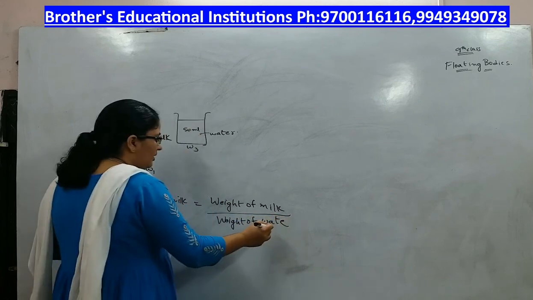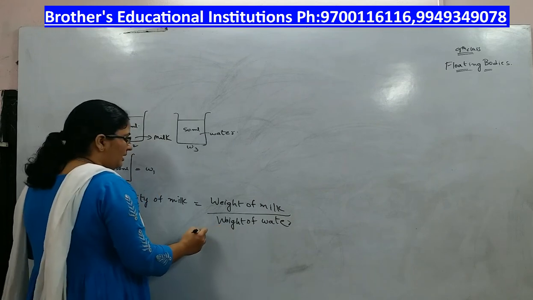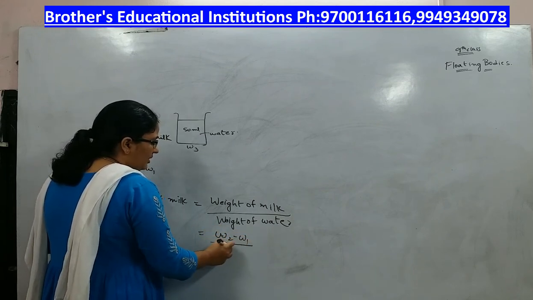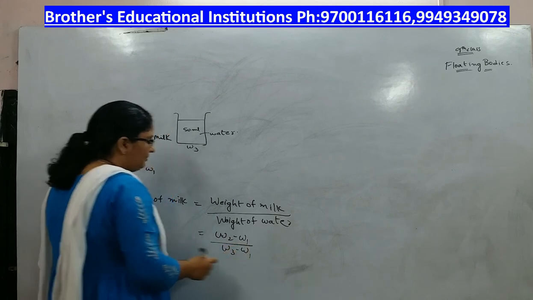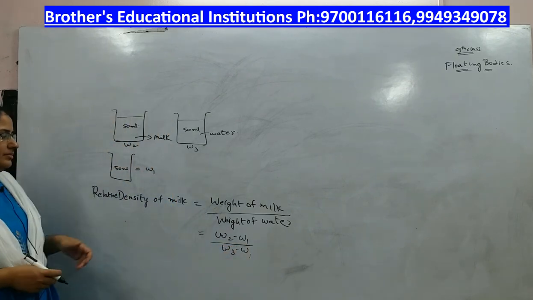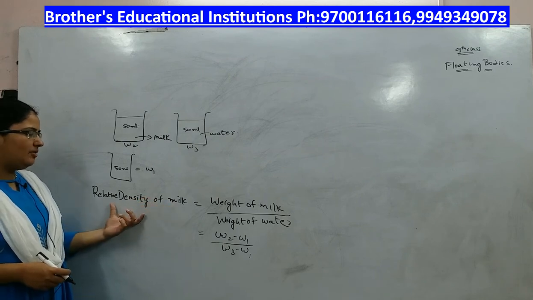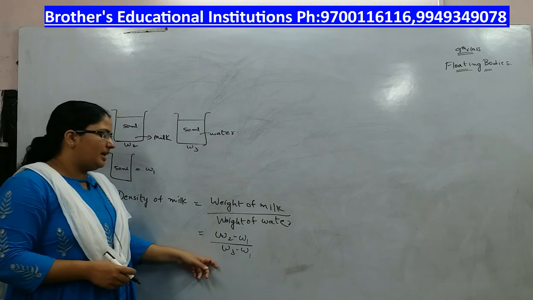How do you get the weight of milk? By doing W2 minus W1 by W3 minus W1. This will give us weight of milk by weight of water. This will give us the relative density of milk, that is W2 minus W1 by W3 minus W1.